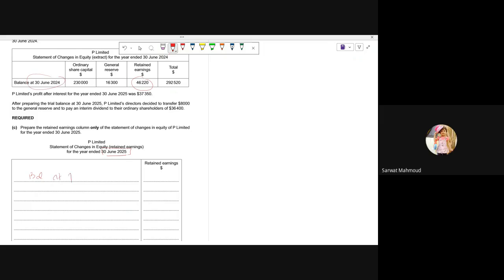And then we add the profit. Yeah, the paper is too easy. Yeah, this one is kind of easy. If you will get the same paper, you should get the A star straight away. 37350.